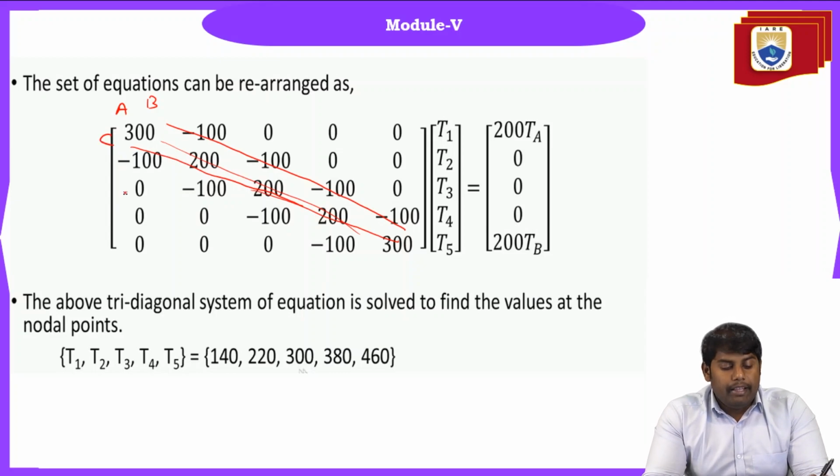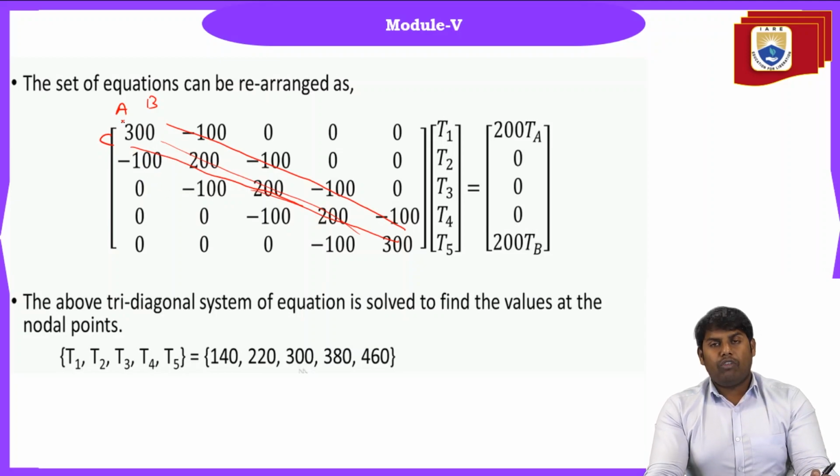Basically, to invert a matrix of, let's say, 5 cross 5 or 6 cross 6, we have to consider each element. When we perform the upper triangle or lower triangle operations, we get the values.